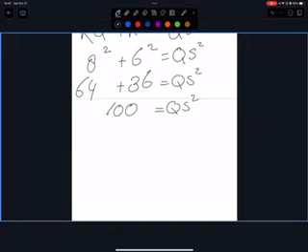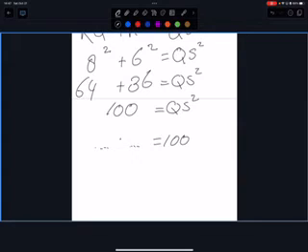You already know something squared is defined as multiplied by itself. So I have 100. You have two numbers multiplied with each other, which are the same number, equals 100.